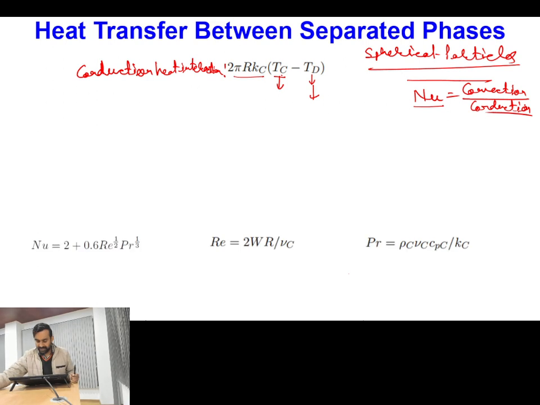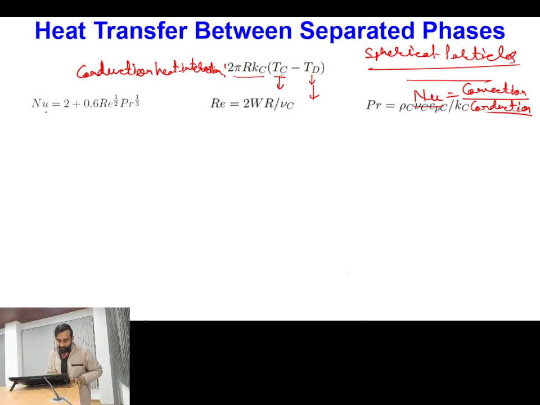For this situation, where spherical particles are present in a gaseous medium, the Nusselt number can be approximated as 2 plus 0.6 times Reynolds number to the power 1/2, Prandtl number to the power 1/3. Here Reynolds number is equal to 2WR by nu_c.